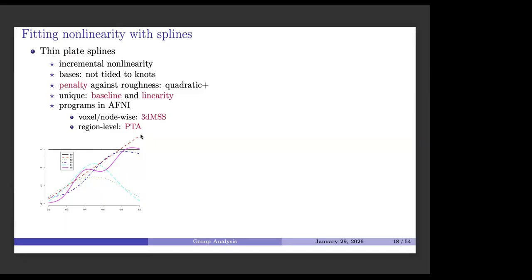So that's the concept. How do we use this approach? This technique, I think, was created around the 1990s. It's called using splines, smooth splines, because all the basis functions are smooth, right? So there are no sharp corners.